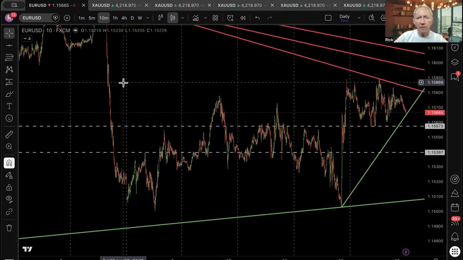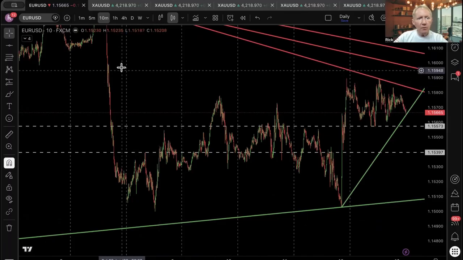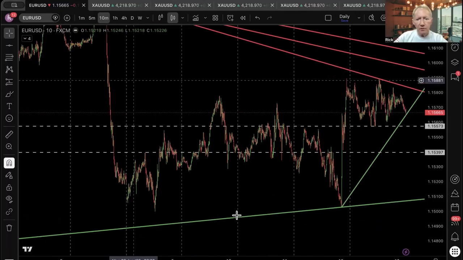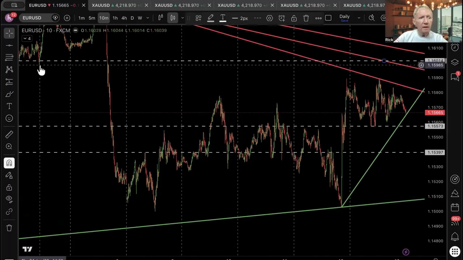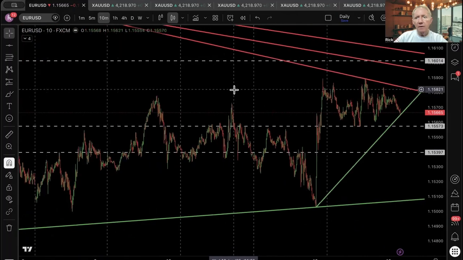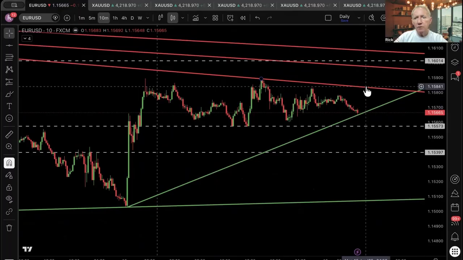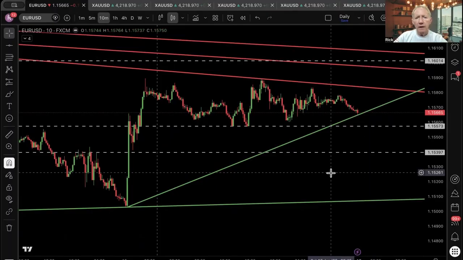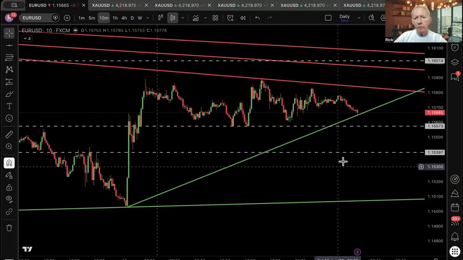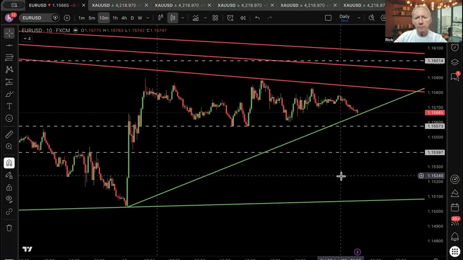So you could go back and find a level, maybe right in there. There's a good one. We can put that right there. So now we come back over here, and if it breaks above my red line and closes above the red line, then I go long. That would be my TP1 there, my first take profit. Again, using support and resistance for your take profit, whether it's a short trade or a long trade.